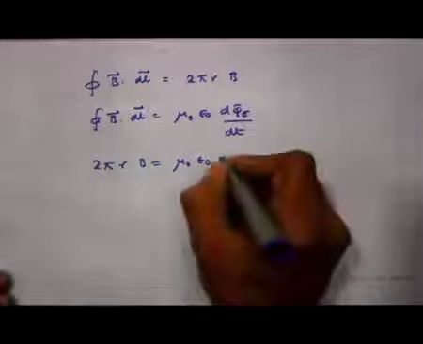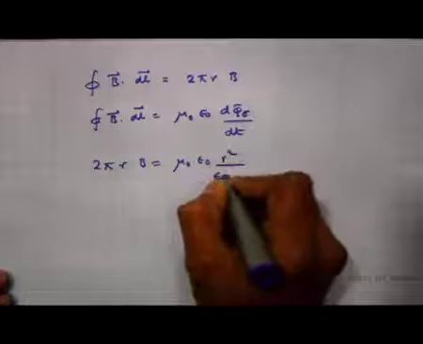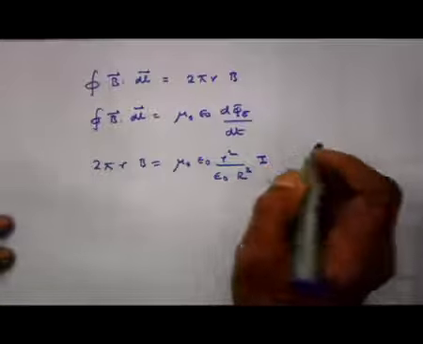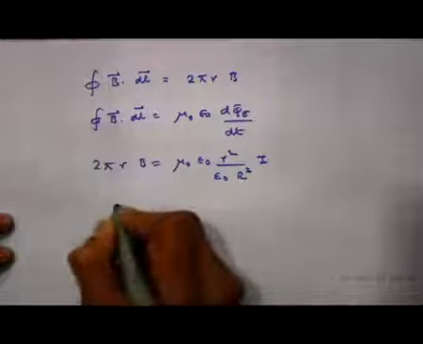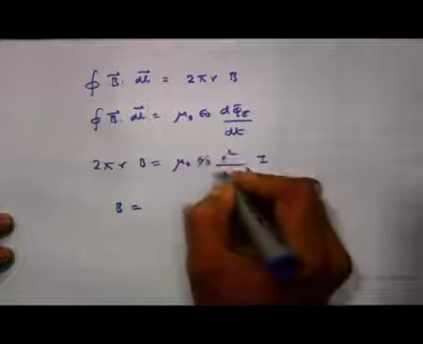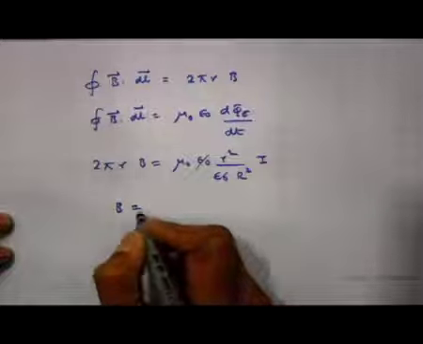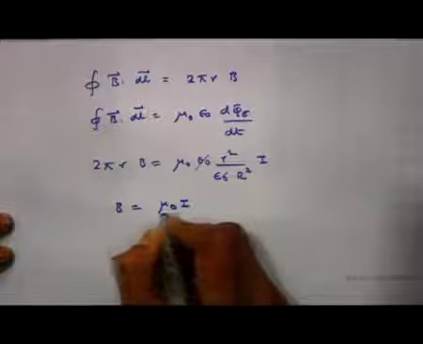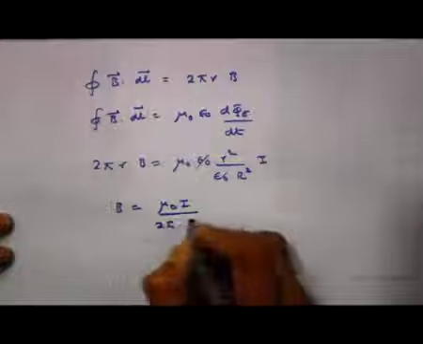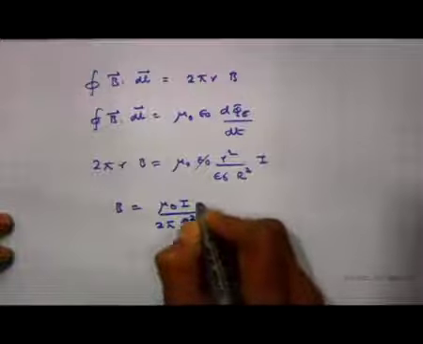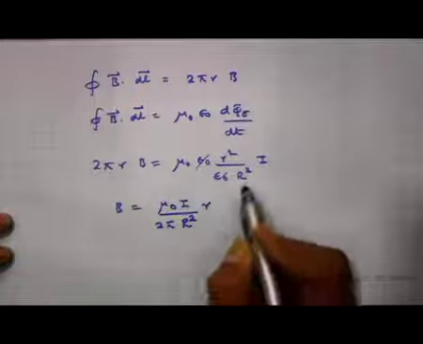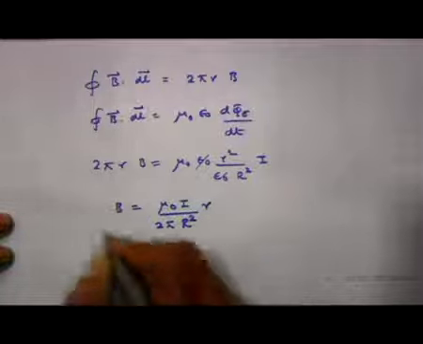I just now calculated r square by epsilon 0 R square into I, so epsilon 0 goes off, and I get B is equal to mu naught I r square by 2 pi R square into r. So, one of the r cancels off and I get mu naught I r by 2 pi R square.